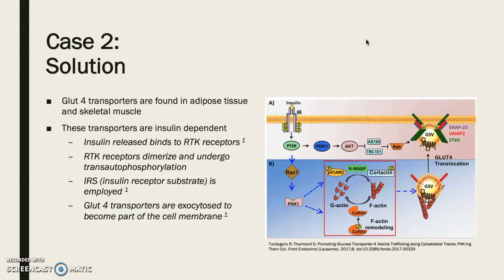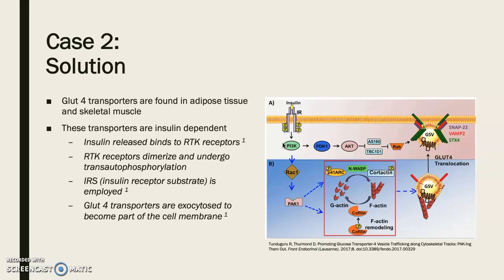Now the GLUT4 transporters are mainly found in the adipose tissue and skeletal muscle. When insulin is released by the pancreas, especially during digestion, it binds to certain kinds of receptors on the cell membrane over here called receptor tyrosine kinase. The receptor tyrosine kinase then dimerize and trans-autophosphorylate each other's tyrosine residues on their intracellular domain.